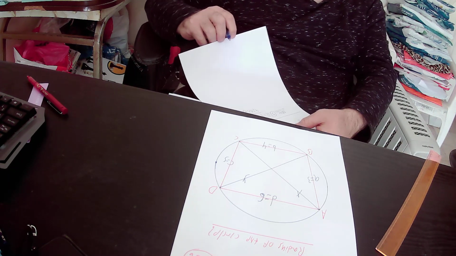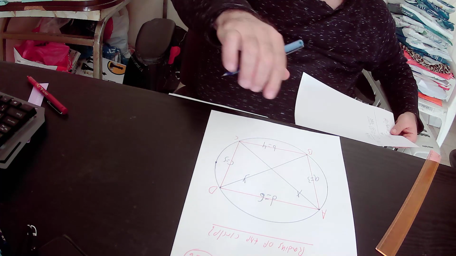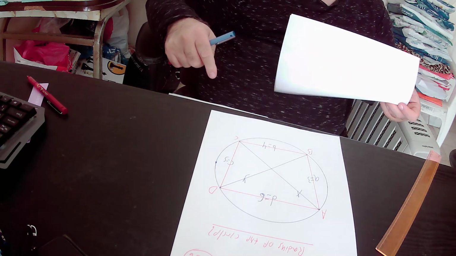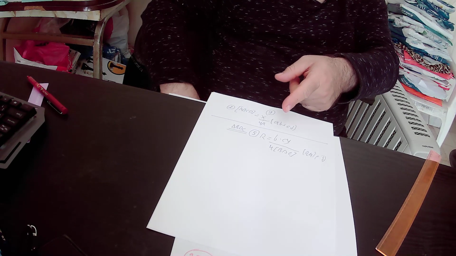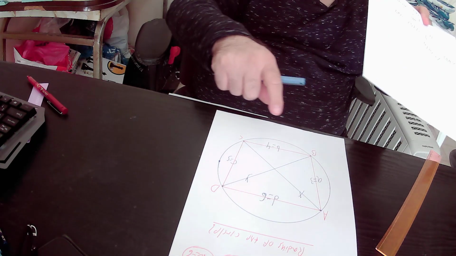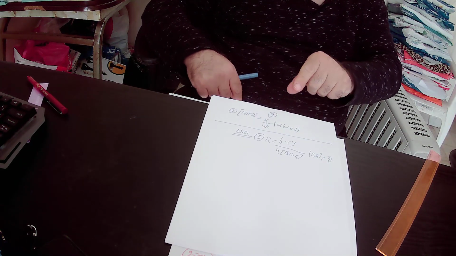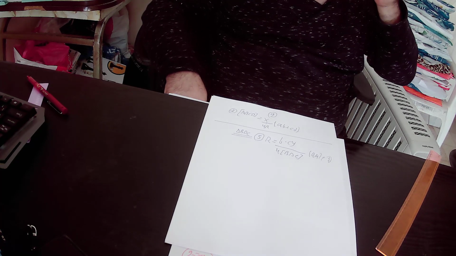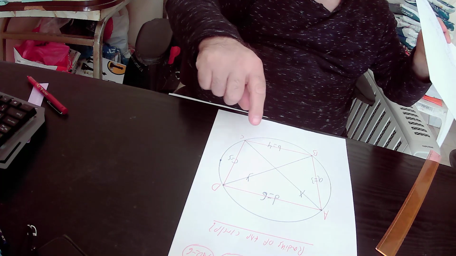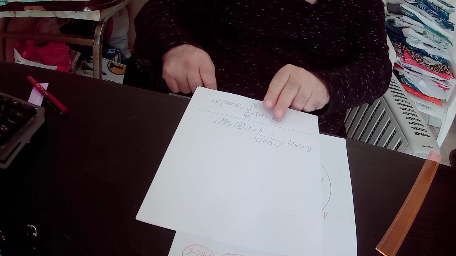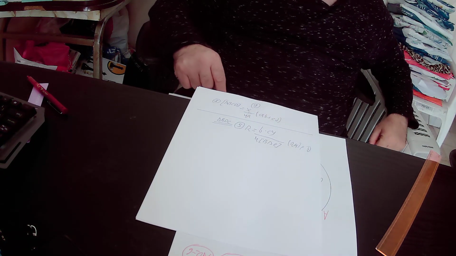So I will repeat again, this triangle BDC is inscribed by this blue circle. Therefore, according to rule number 3, the radius of this blue circle that blocks triangle BDC will be equal to the product of triangle BDC sides, which is B times C times Y over 4 times the area of triangle BDC.